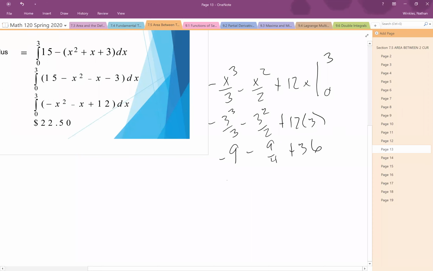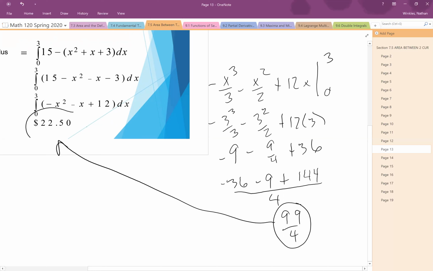So we end up with minus 36 minus 9 plus 144 all over 4, or 99 over 4. If we were to divide that out, hopefully we get 22.5.